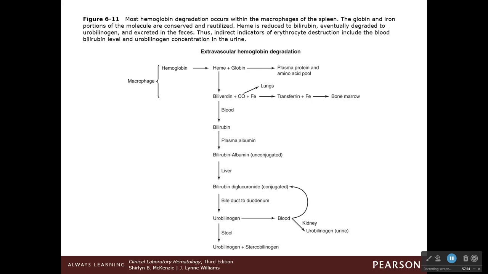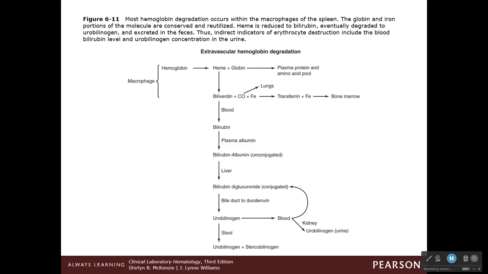Globin gets broken down and sent to the liver to be stored in our amino acid pool. You with me? Heme is broken down into three things. The first thing is known as biliverdin. You need to know that term. Biliverdin.